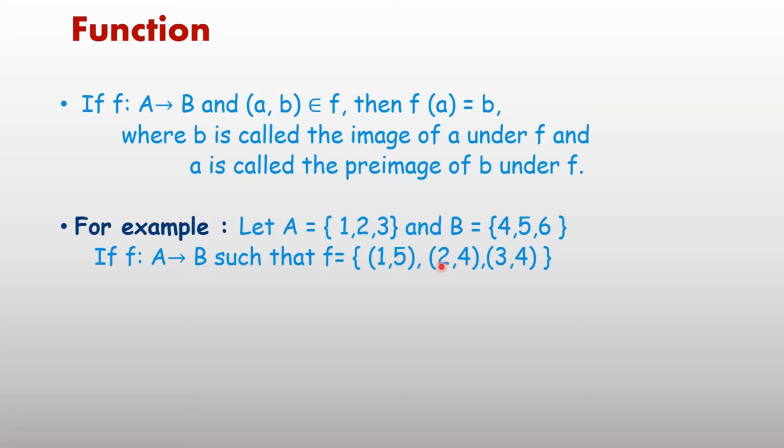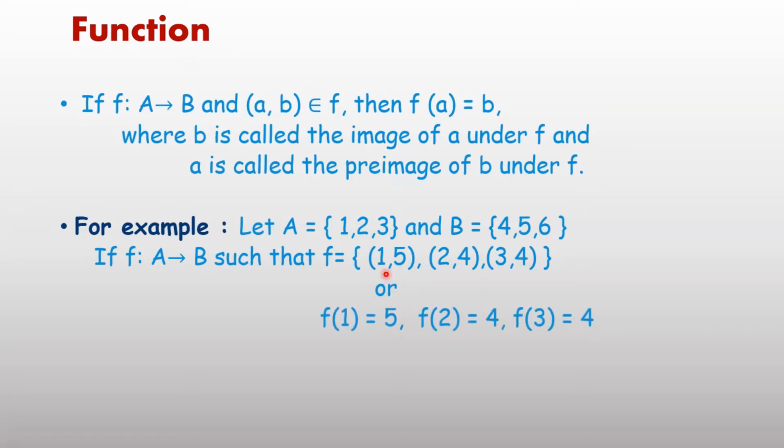Now if it is a function, then for whatever ordered pair is given here, 1 is known as the pre-image of 5 and 5 is known as the image of 1. Similarly, in the second ordered pair, 4 is the image of 2 and 2 is the pre-image of 4. Similarly, 4 is the image of 3 and 3 is the pre-image of 4.